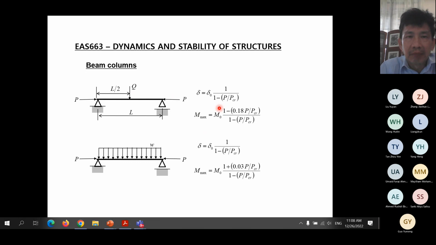Meaning that the values will be increased if you compare with the deflection where P is equal to 0.